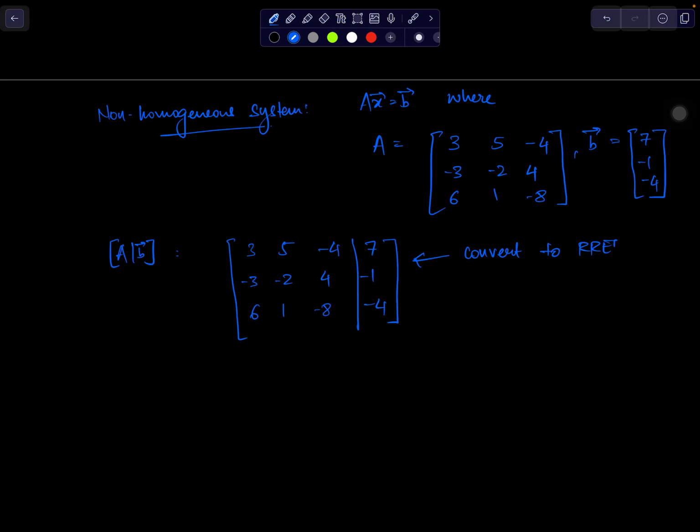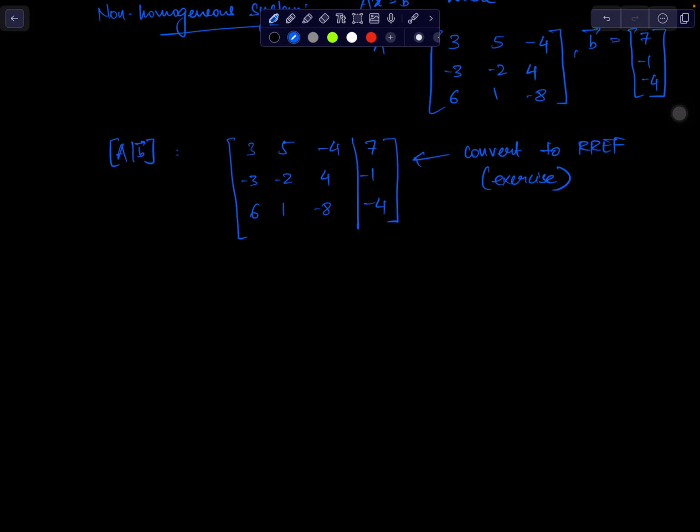You have already gone some distance because you did REF with the first case, the homogeneous case. In this case, of course, it will be non-trivial now. You will have non-zero numbers here when you do row operations, so you have to be more careful. You have some idea about how to do this, but I would again pause the video and do this exercise. Convert this to RREF.